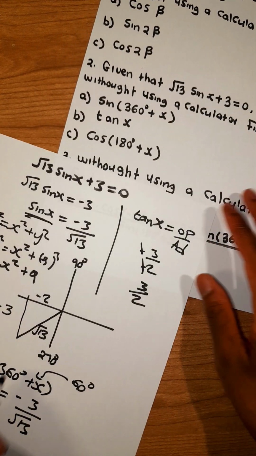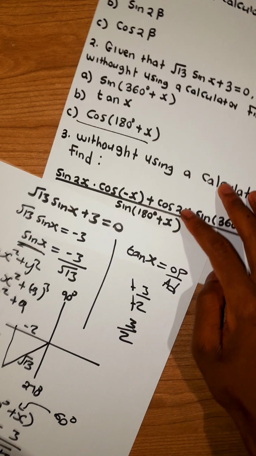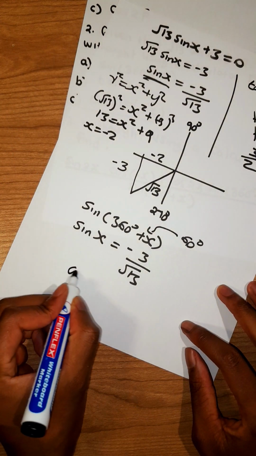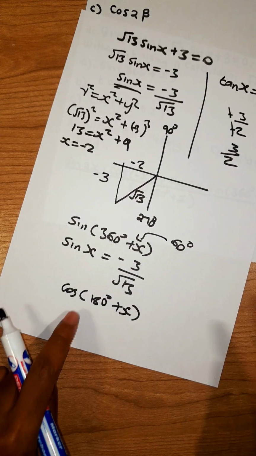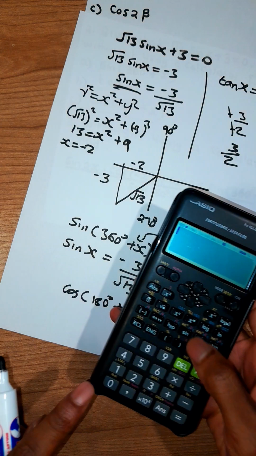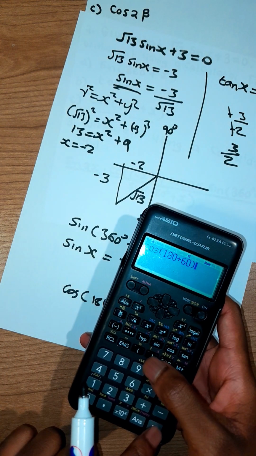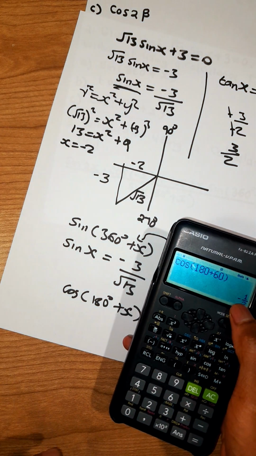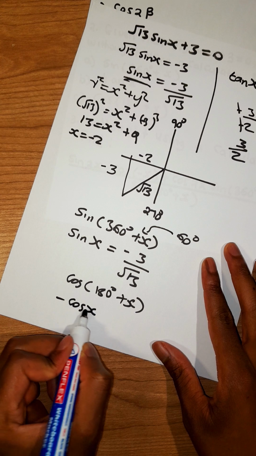Now, we have the cos of 180 degrees plus x. How do you do it? You do the very same thing that I have done. You're going to say the cos of 180 degrees plus 60 degrees. What do you get? You find a negative answer. So it means that the cos of 180 degrees plus x is just going to be minus the cos of x.